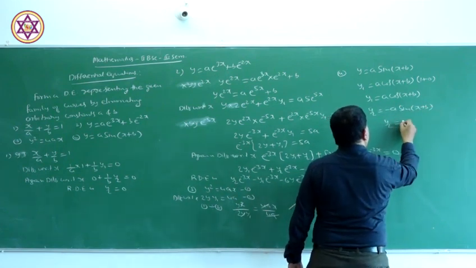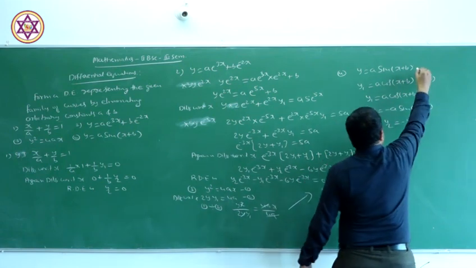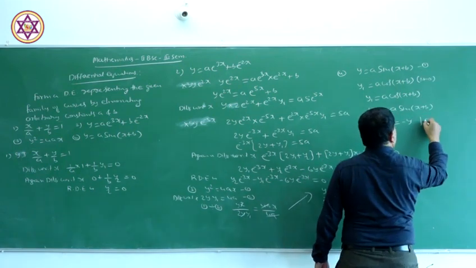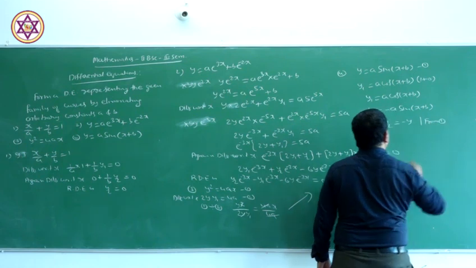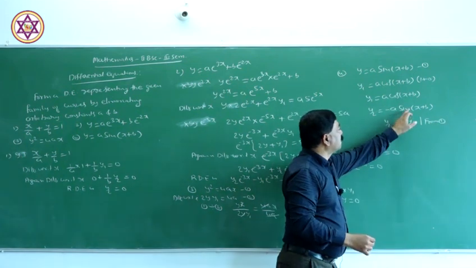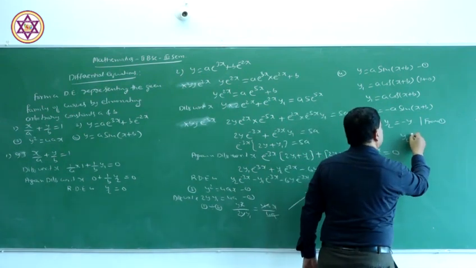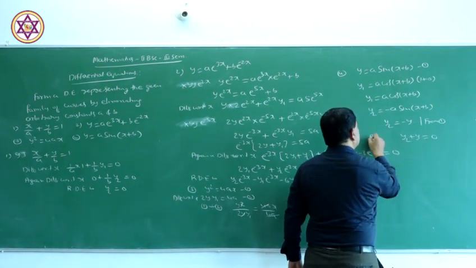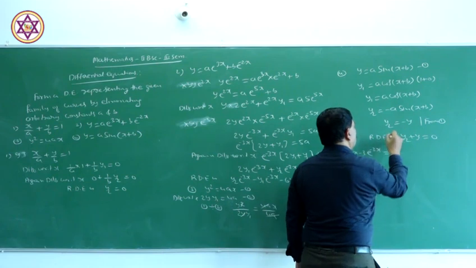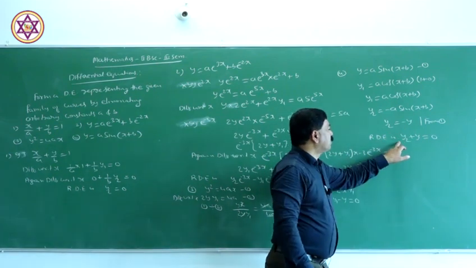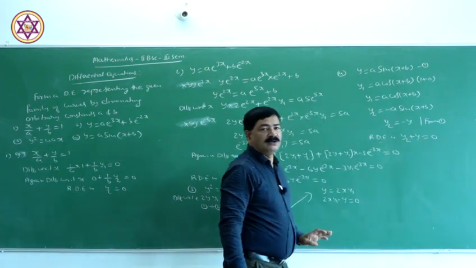So y2 is minus y, since from equation 1, instead of a sin(x plus b), I am taking y. So y2 plus y is equal to 0. This is the required differential equation. Required differential equation is y2 plus y is equal to 0.